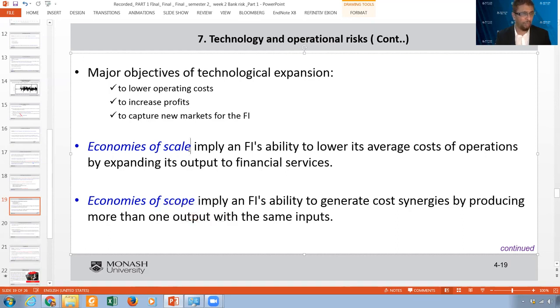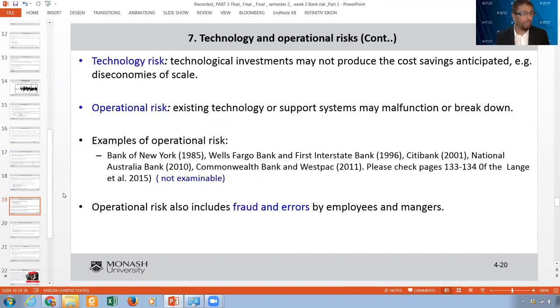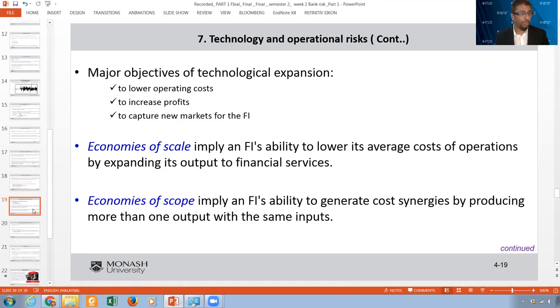Economies of scale, I think everybody knows, is the ability to decrease your costs and increase your profits, because you are scaling, which means you are using all your fixed asset capacity, and that will lead to a decrease in the average cost per unit. This is why economies of scale will, at the end of the day, decrease your cost and of course increase the bottom line, which is the profit.